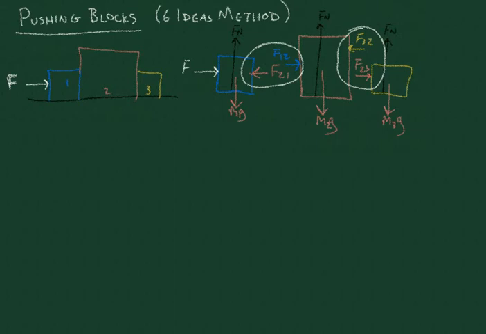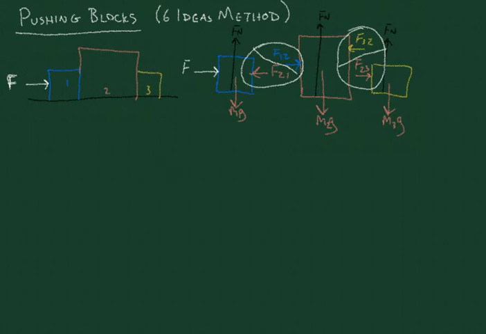But if I just look at one block, I only get half the equation. When I look at block 1, I'm only getting part of those partners. When I look at block 2, I'm getting another part, and when I look at block 3, I'm getting another.